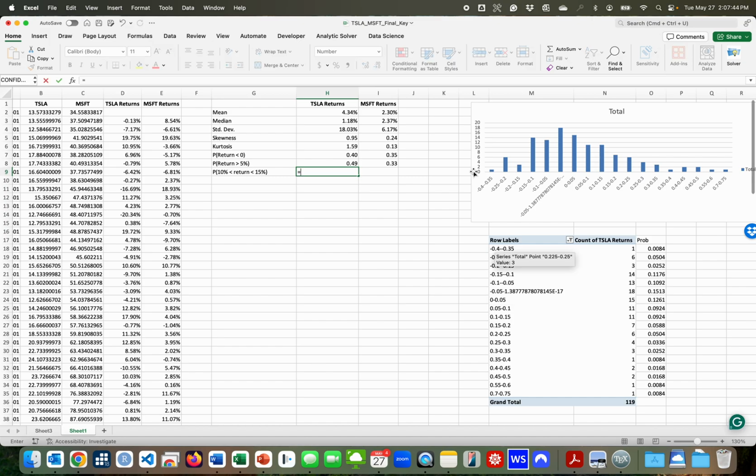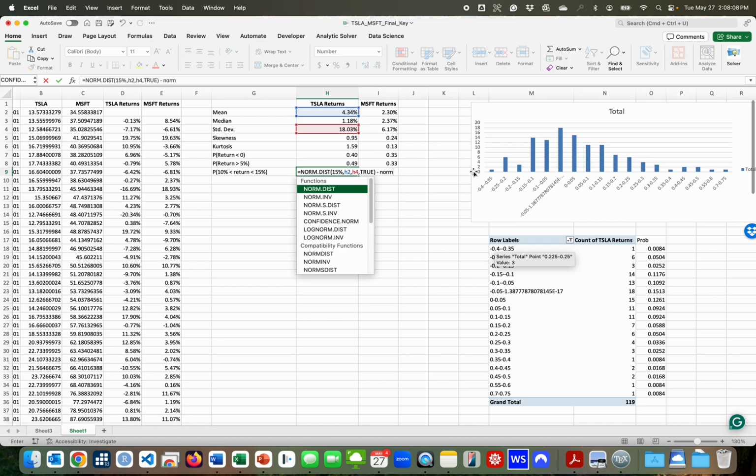We have to use the norm.dist function twice to get that area in the middle. So the first one is going to be a norm.dist on the 15% when the mean is H2 and the standard deviation is H4. That's going to give us the probability that we're less than 15%, but we need to subtract the area to the left of 10% since we don't want that in the calculation.